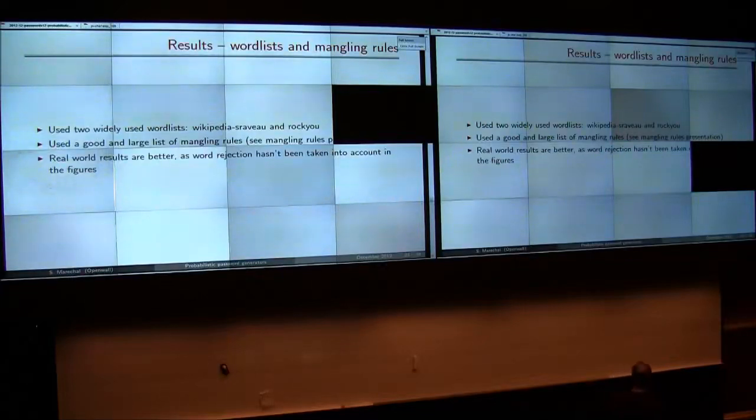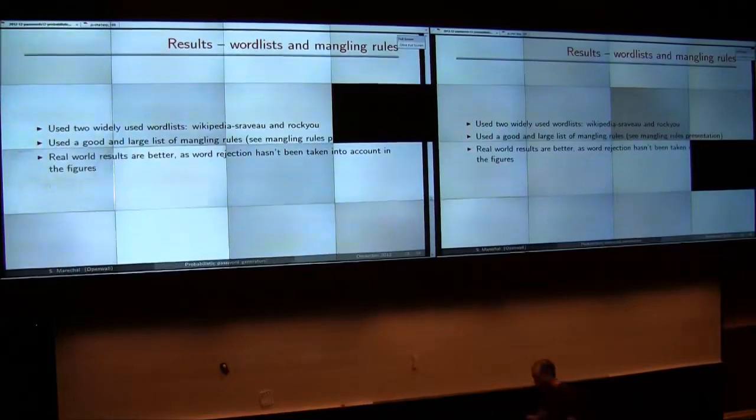So, I also benchmarked word lists and mangling rules. I will talk a lot more about this in the presentation just after, but I used a good word list, good mangling rules, and two word lists, one being Wikipedia, and the other being RockYou.